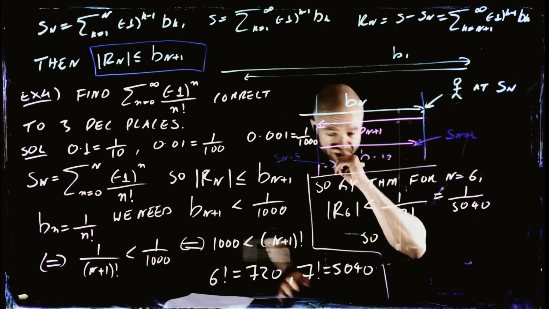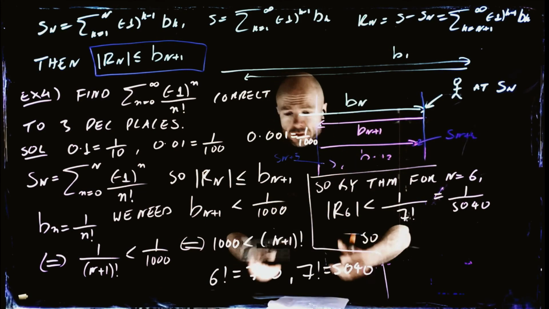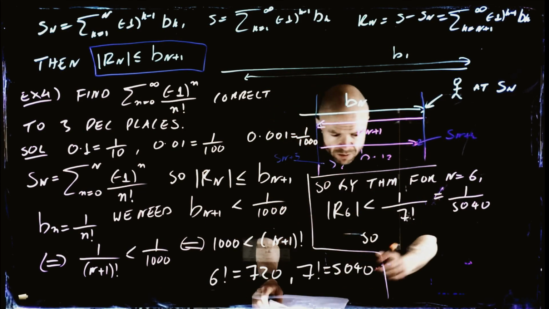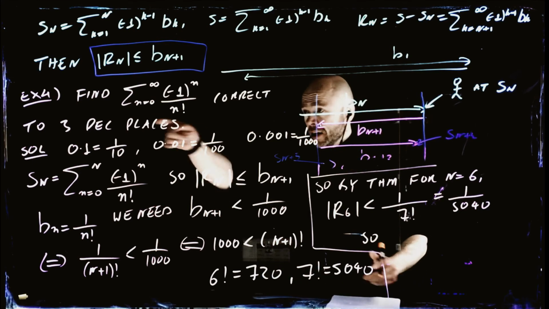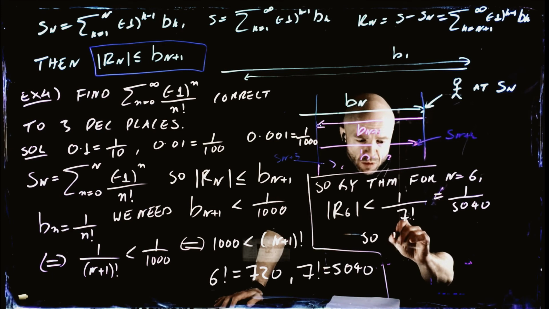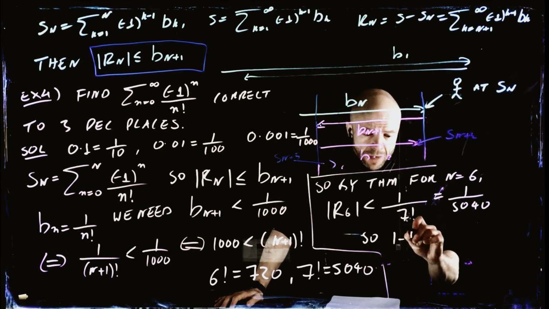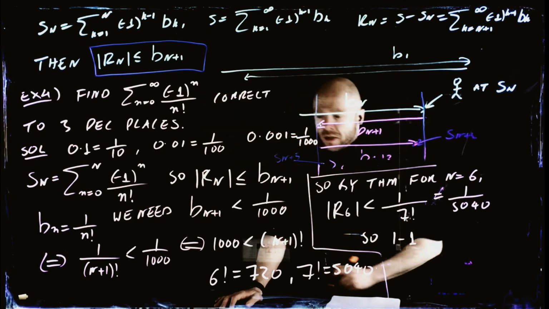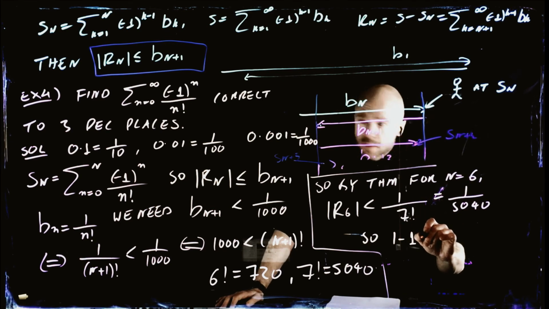So if we take the sum of the first terms up to n equals 6, what do we have? Starting from n equal to 0, the first term will just be 1. The next term will be minus 1 when n equals 1. The next term will be 1 over 2 factorial, which is 2.